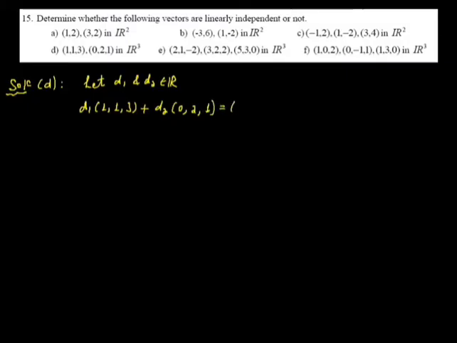This must be 0 by definition of linear dependence in 3 dimensions. So we distribute d1 and d2: d1, d1, 3d1 plus 0, 2d2, d2 is equal to 0.